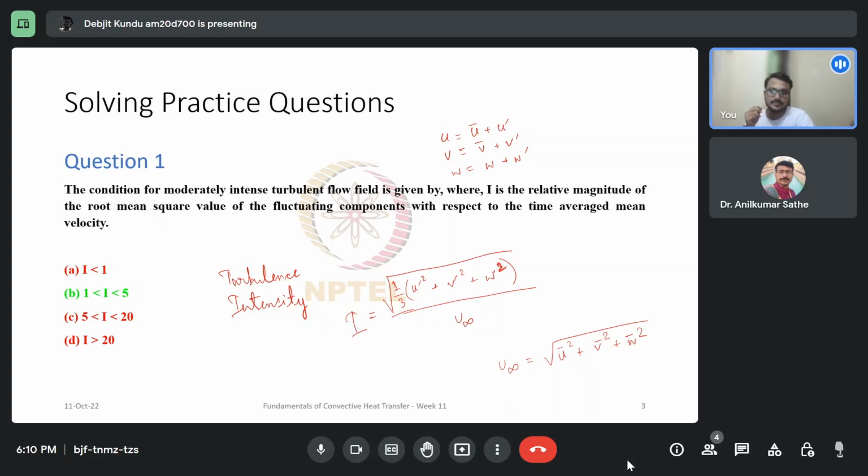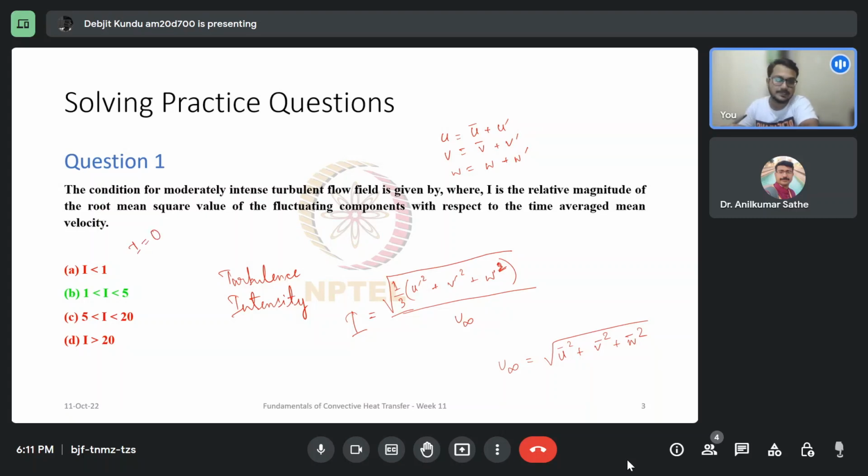Now this I is sometimes also expressed as the ratio of the standard deviation of velocity to the mean velocity, and this also checks out. So what this means is that there is some fluctuation, but the extent of that fluctuation, whether it is over a small range or over a large range, is represented by this physical quantity I. From the value of I, we can say whether something can be taken as laminar.